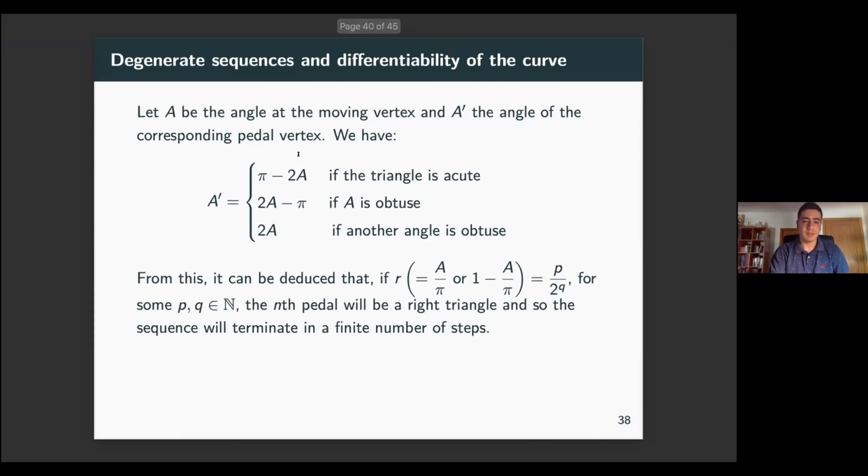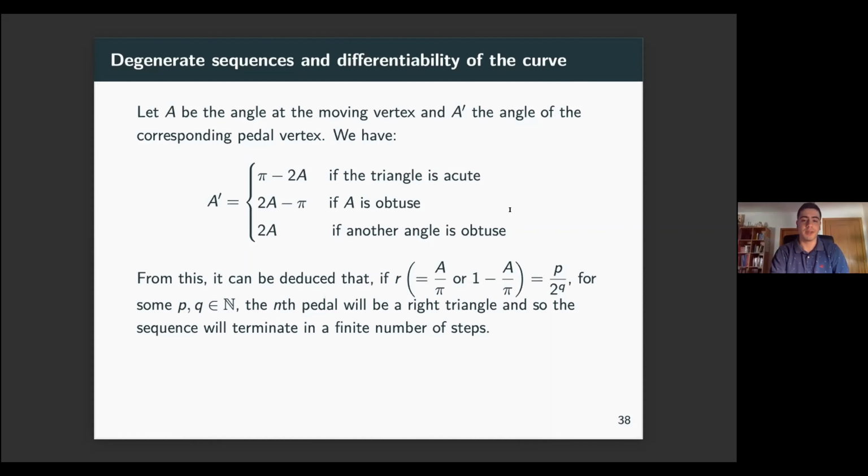But pretty much because of this factor of 2 over here, we can deduce that if that value of R is of that form, so just an integer over a power of 2, the nth pedal will be a right triangle.